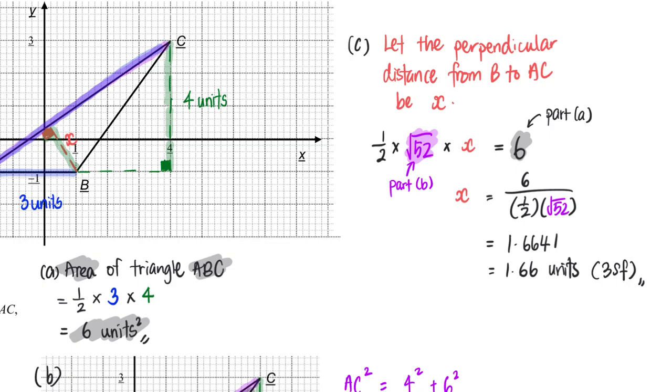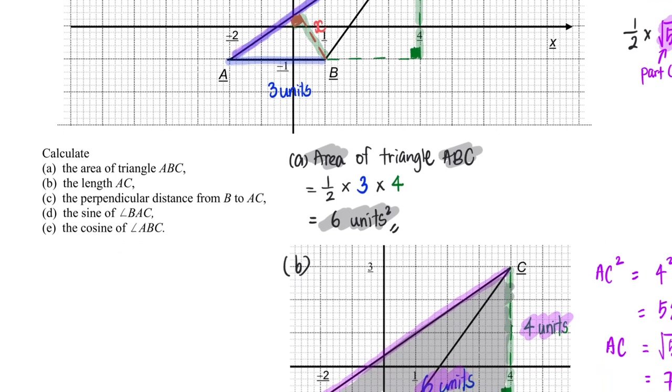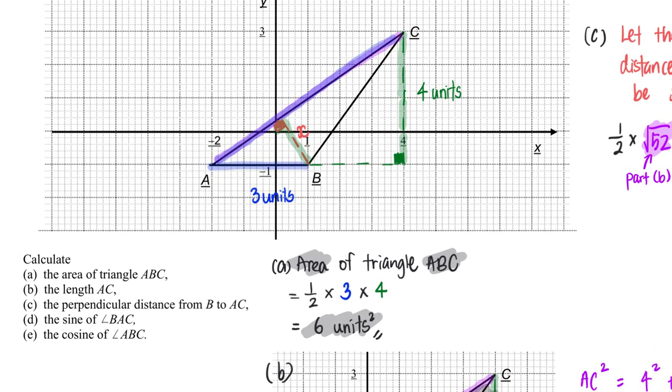Alright, let's proceed to part D, where we are required to find the sine of BAC. Okay. So for this question, I am going to do a quick erase of this whole diagram now, so that it's easier for us to see.